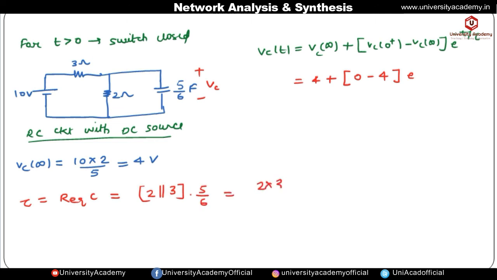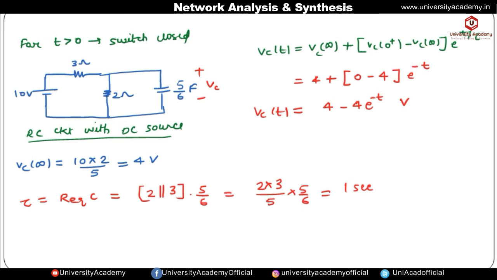So this is 2 into 3 by 5, into 5 by 6. The time constant we get is 1 second. So the voltage across the capacitor is 4 minus 4 into e to the power minus t, in volt.